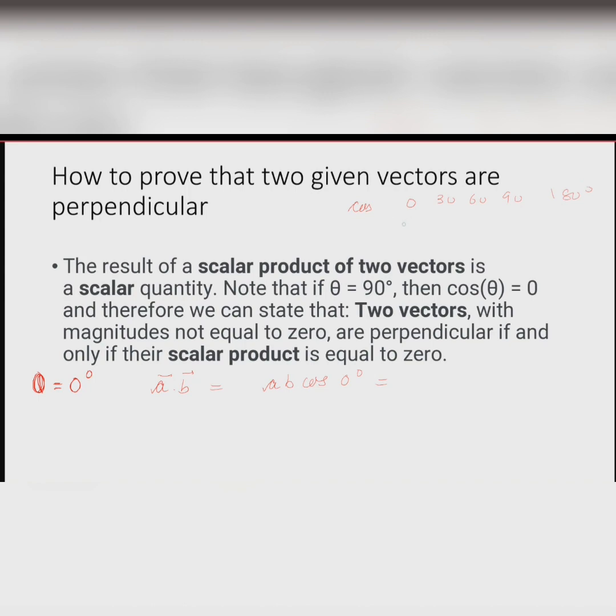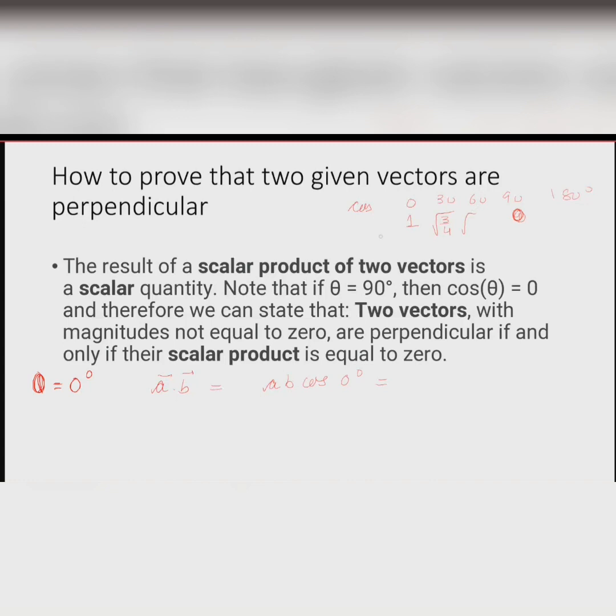What is cos 0 degrees? 1. Cos 90 is 0. Cos 30 is root 3 by 2.